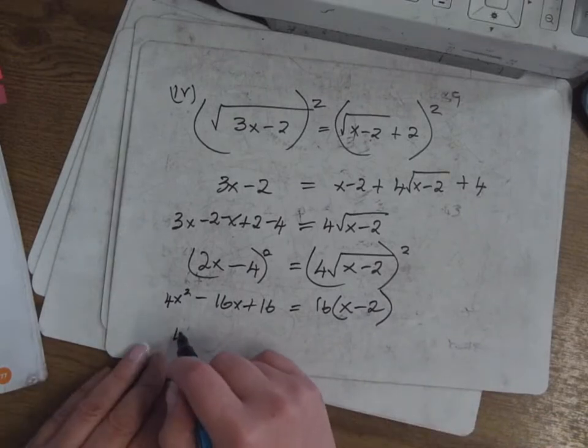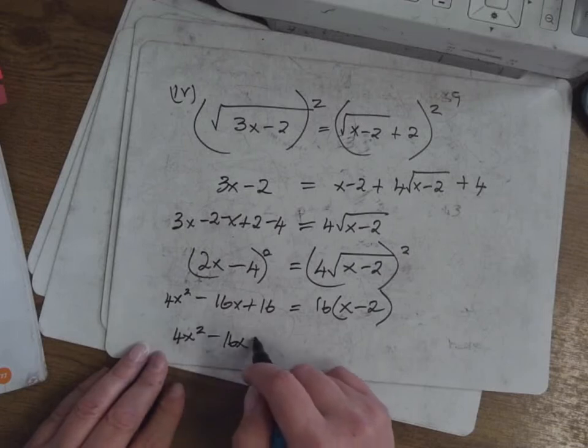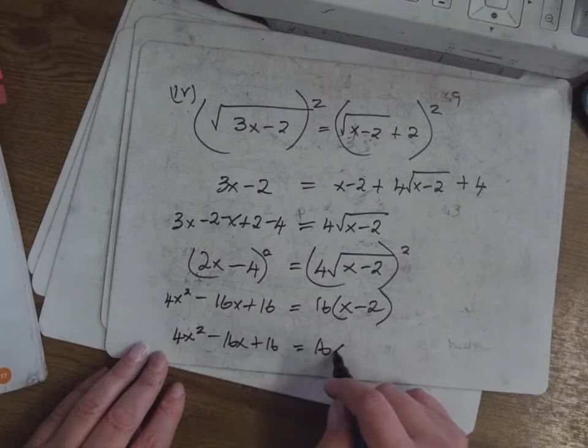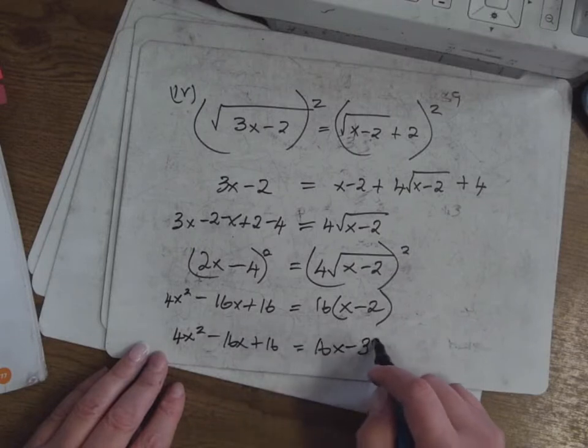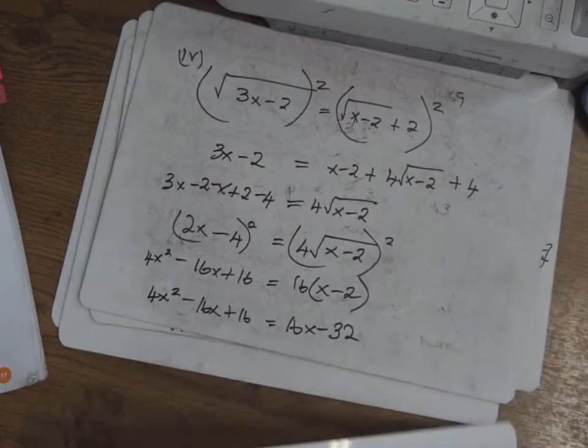Okay, multiply now: 4x squared minus 16x plus 16 equals 16x minus 32. Right, tidying all that up, everything to the left.